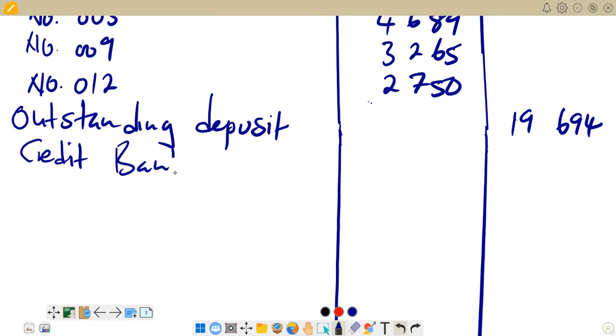So remember, it was on the credit, so we are now going to the opposite so that we remove it on the debit now. 79,560. That's what we have there.